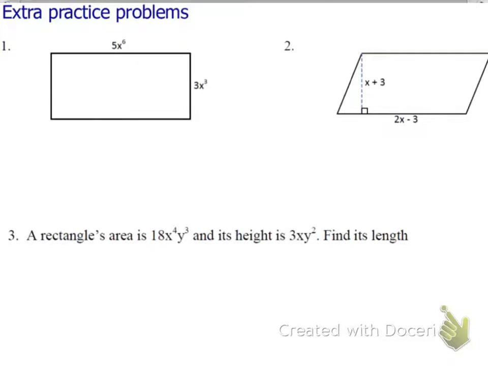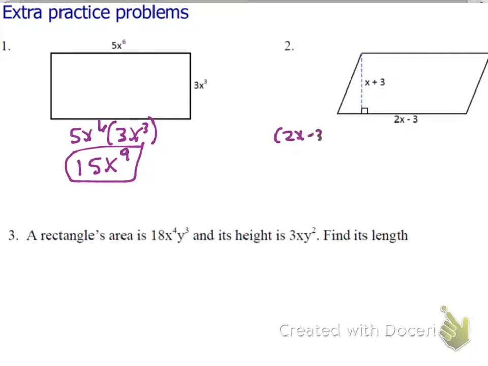Just a couple of extra practice problems here, just using some more Algebra 1 skills. So here, base times height, so it'd be 5x to the 6 times 3x cubed. So it'd be 15x to the, if you're multiplying, you add the exponents. Here, base times height, so it'd be 2x minus 3 times x plus 3.